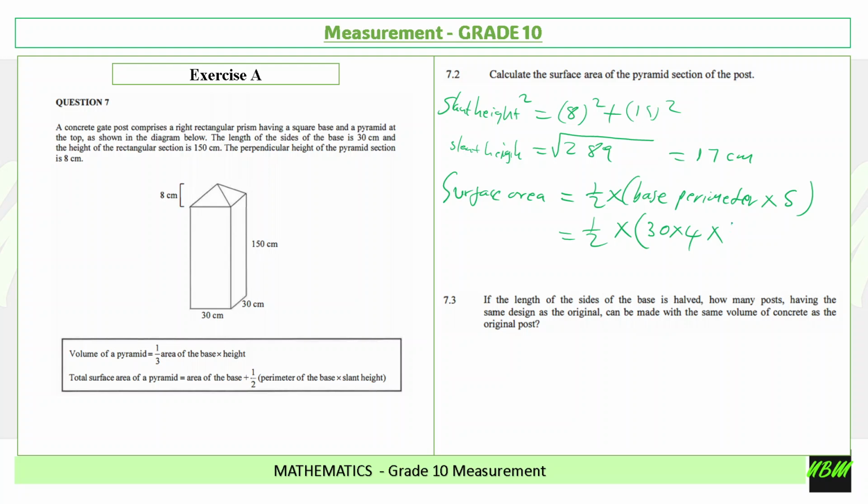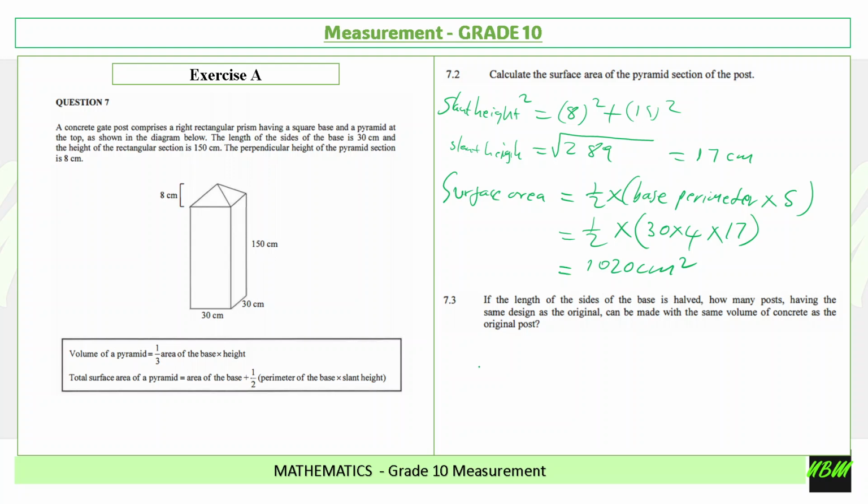We have calculated our slant height as 17 centimeters. Therefore this will be equal to half multiplied by 30 multiplied by 4 multiplied by 17. Then this gives us 1020 centimeters squared, and this will be our surface area of the pyramid section of the post.